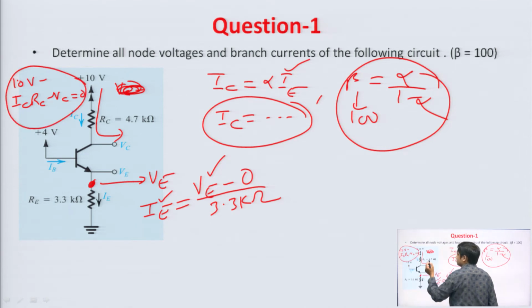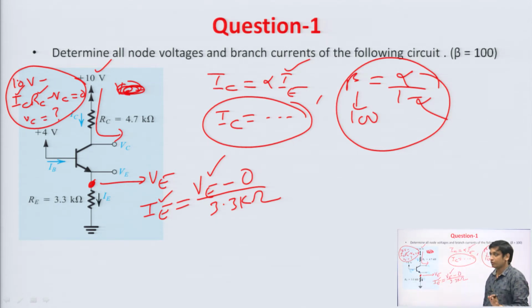This is the equation, fine. 10 volt is the supply voltage that is given, and we have already calculated the value of collector current. RC is given, that is 4.7 kilo ohm. So, you can find out the value of collector voltage from here. So, we have got the collector voltage also.